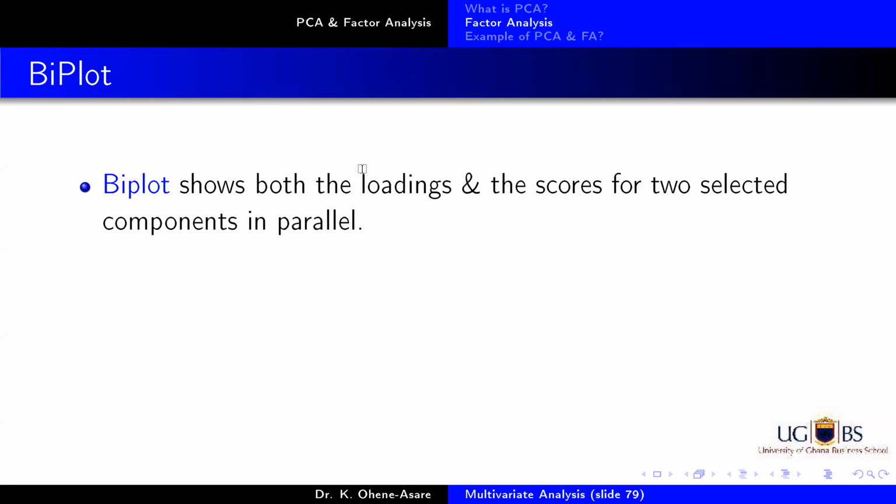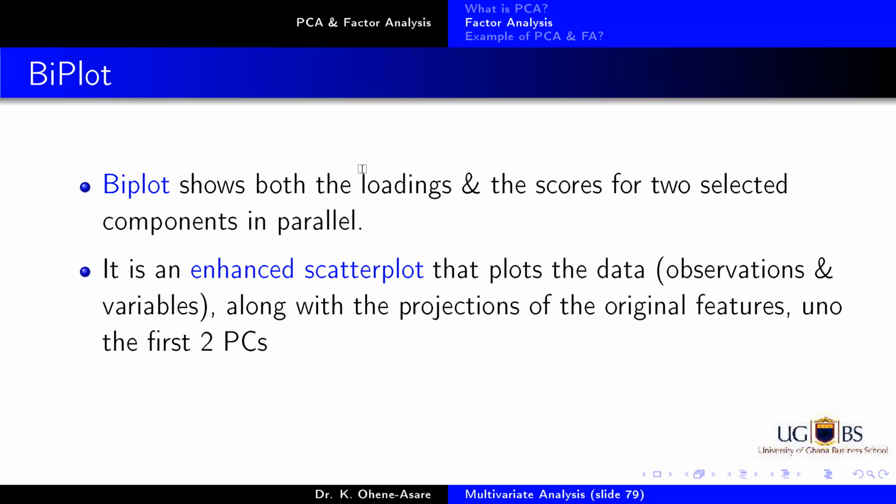The biplot shows both the loadings and the variables for the 2 selected components. The biplot is powerful. It's an enhanced scatter plot that shows the data along with the projections of the original variables and how these project onto the first 2 principal components. In this case, we are using principal components. Wonderful.